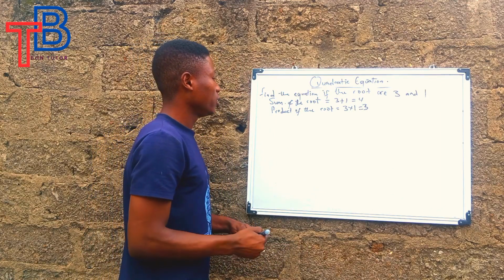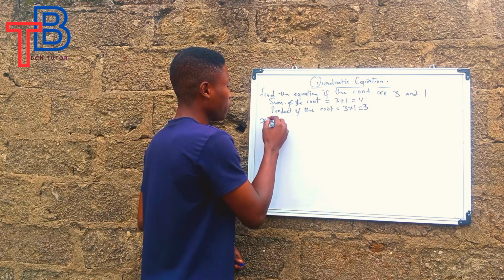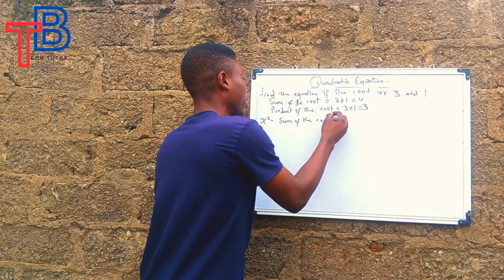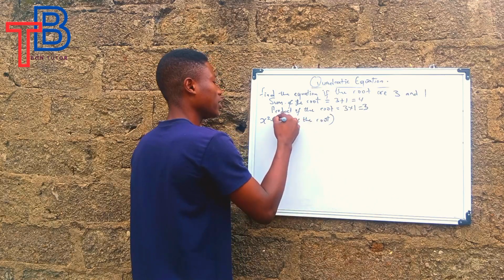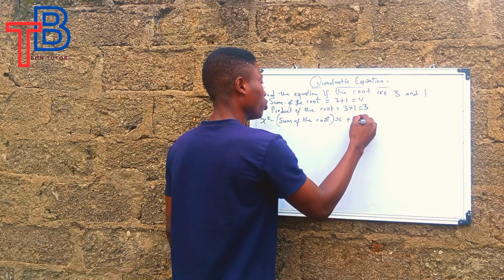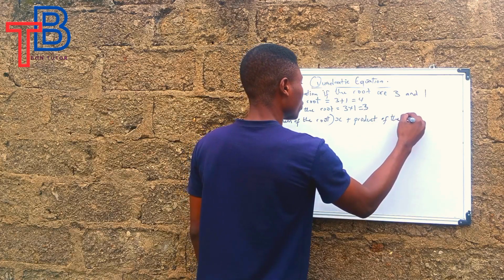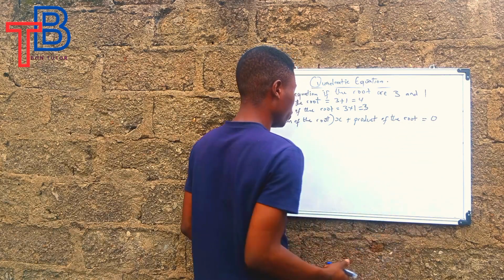Remember that the formula is x squared minus the sum of the roots into bracket x plus the product of the roots equals 0.